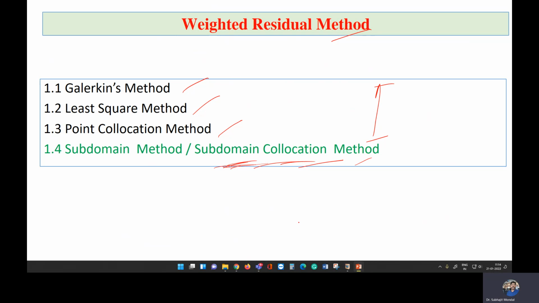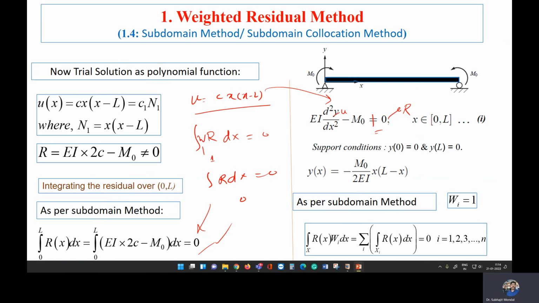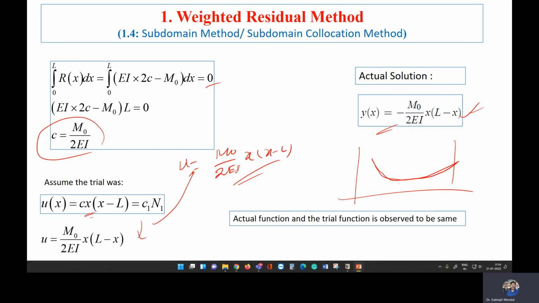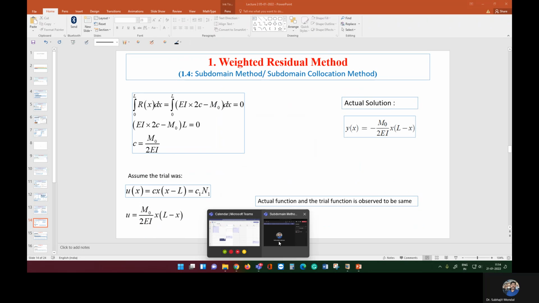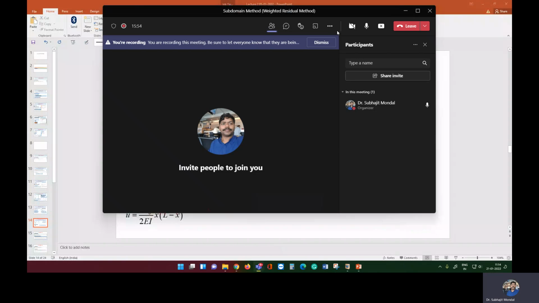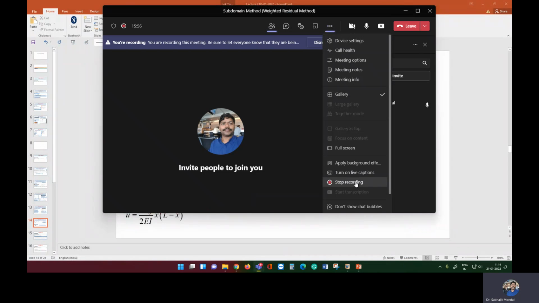We make the error 0 in an average sense over the subdomain, and we take the summation over all the subdomains and get the error 0. Accuracy of the solution depends on how well we are able to find the approximate or trial solution.